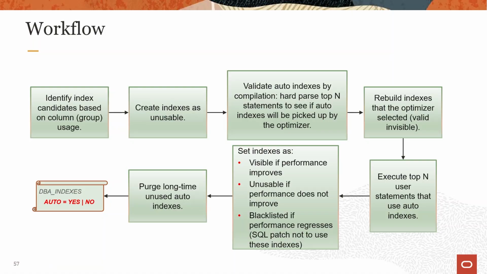An SQL patch is provided to not use these indexes. Also, the automatic indexing task will drop automatically created indexes that are not used for a long time. You can set this, for example, to not being used for 53 weeks.